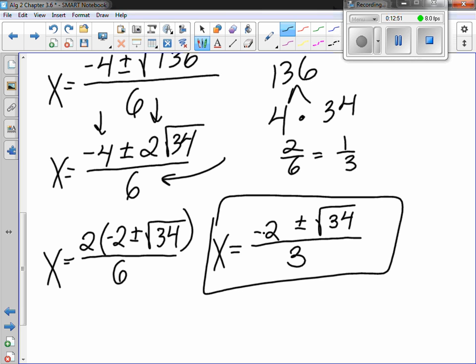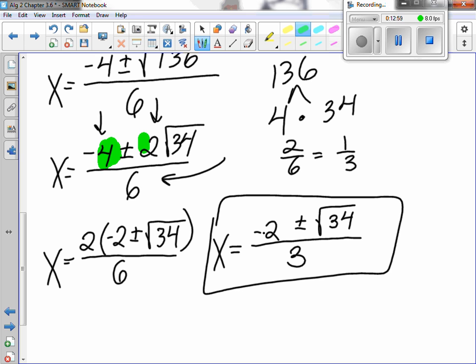So really, to see if we need to simplify it, I'm going to look at these 3 numbers here. It doesn't matter what's inside the radical. If there's a number inside of a square root, we don't care about that. The number in front of the square root, the number in front of the plus and minus, and the number on bottom.